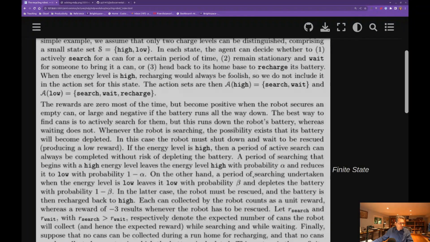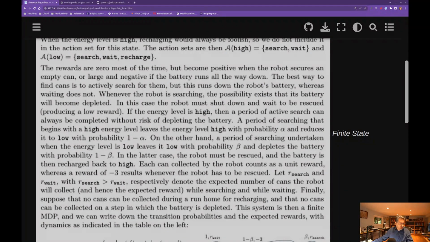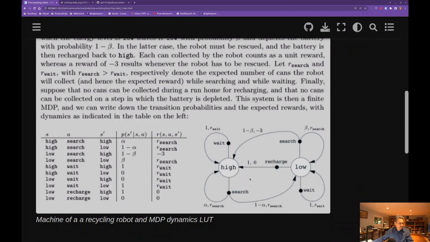When searching with a low energy level, the battery remains low with probability beta and depletes with probability 1 minus beta. In that latter stage, the robot must be rescued and the battery is then recharged back to high. All of this is represented by a finite state machine, a very popular way of determining rules and actions based on states.